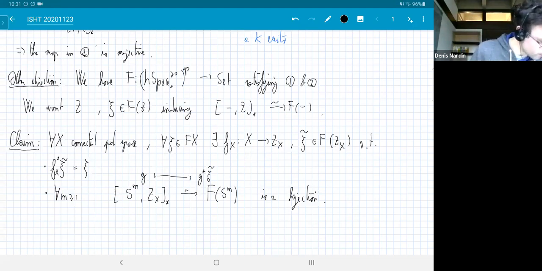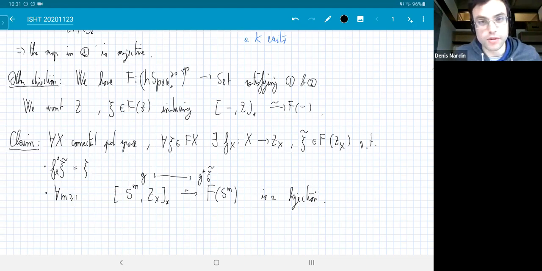So, okay, let's see. Let me actually show how you conclude the proof of the theorem using the claim, and then I'll go back and prove the claim.